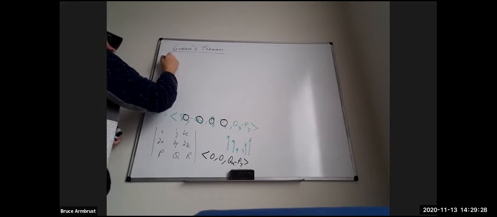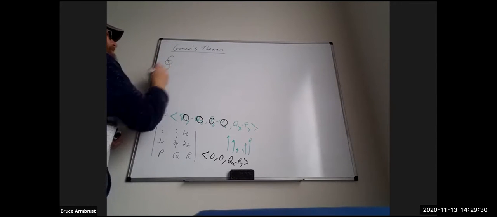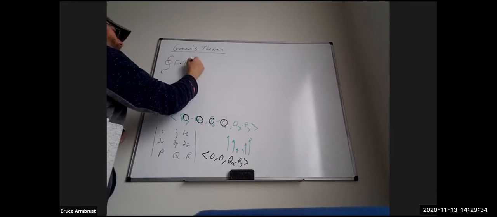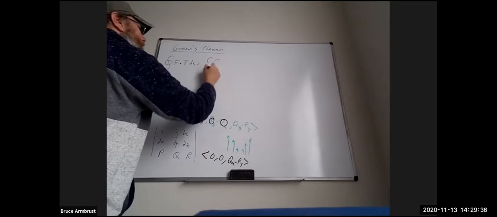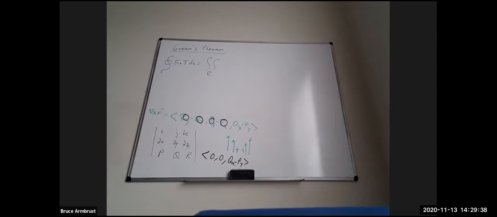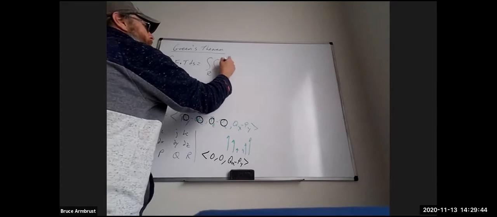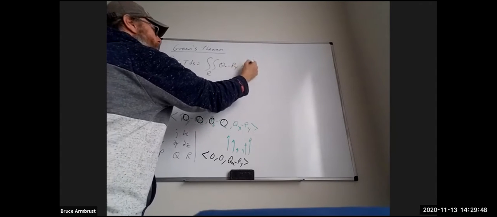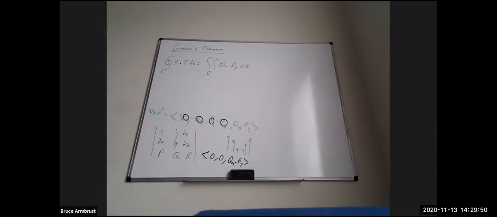So Green's theorem, we're integrating over our closed path, F dot T ds. And we saw that that was the same as the double integral over the region of Q_x minus P_y. So how could we write that in terms of curl and divergence?